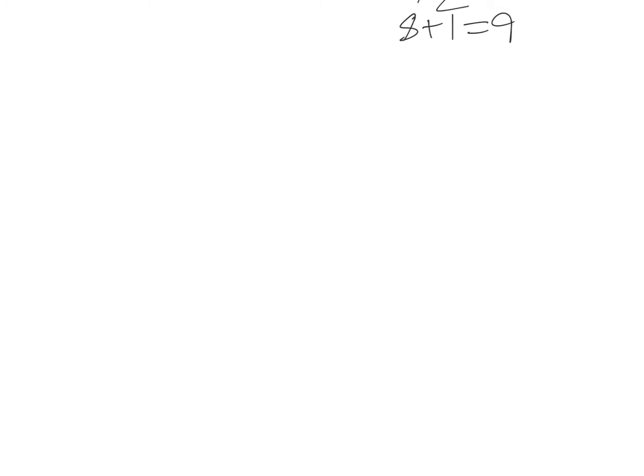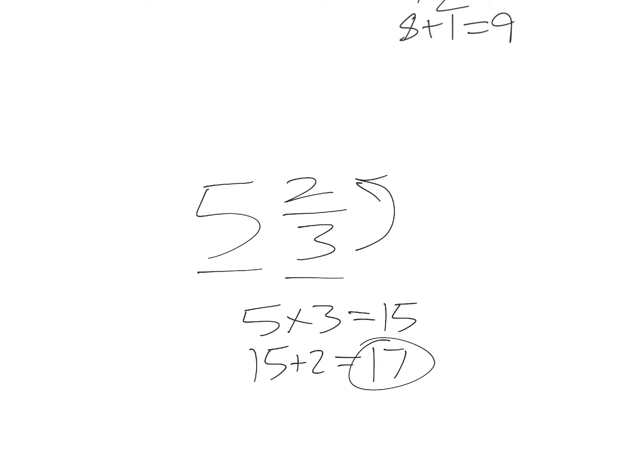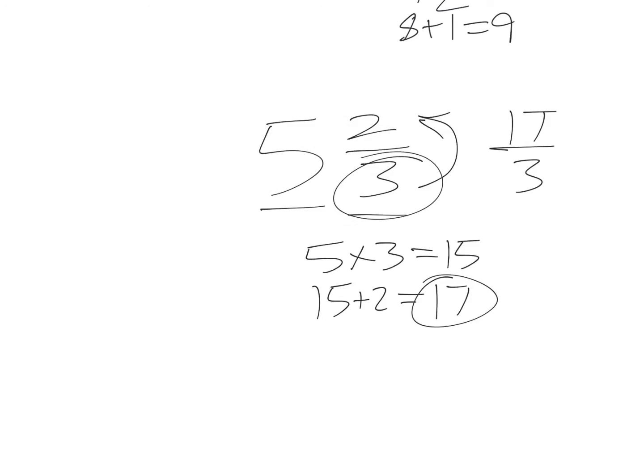Okay, so let's try 5 2/3. Well, I multiply the whole number by the bottom number, so I got 5 times 3 equals 15, and then I add the top number, so 15 plus 2 equals 17, and then I put that number over my unit, so I have 17/3, right?